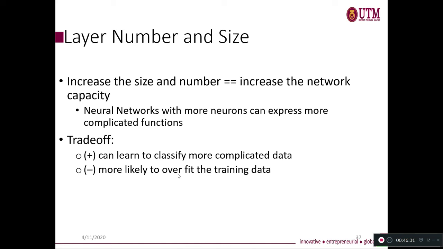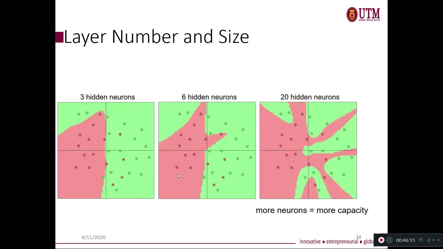This is because the training process is not only going towards convergence, it also checks whether the overfitting condition happens or not. If it happens, you must stop the iteration. Okay, that is the effect.